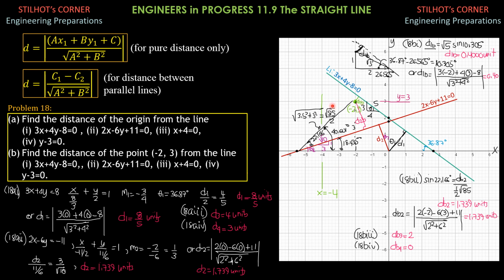Negative 2 minus negative 4 is positive 2. So that's why it's positive 2. And the distance of this point from the line y minus 3 equals 0 is upper y 3 minus lower y, which is also 3. So that's why it's 0. And from the figure, it obviously passes through negative 2, 3.